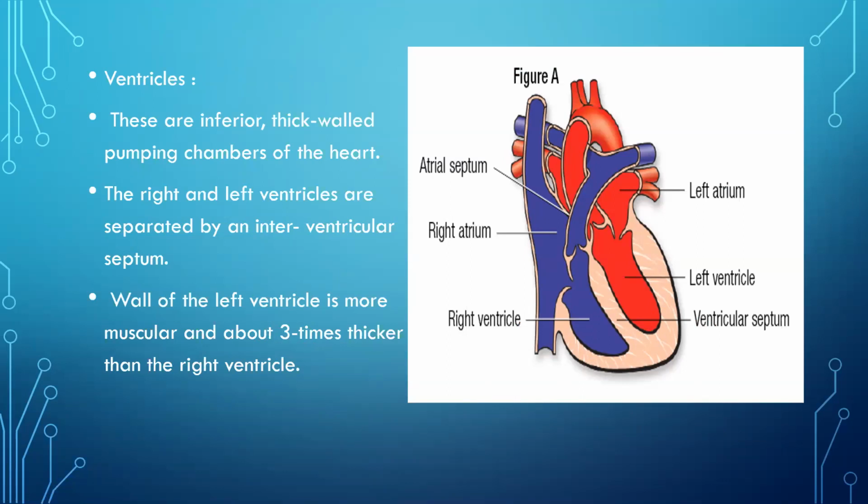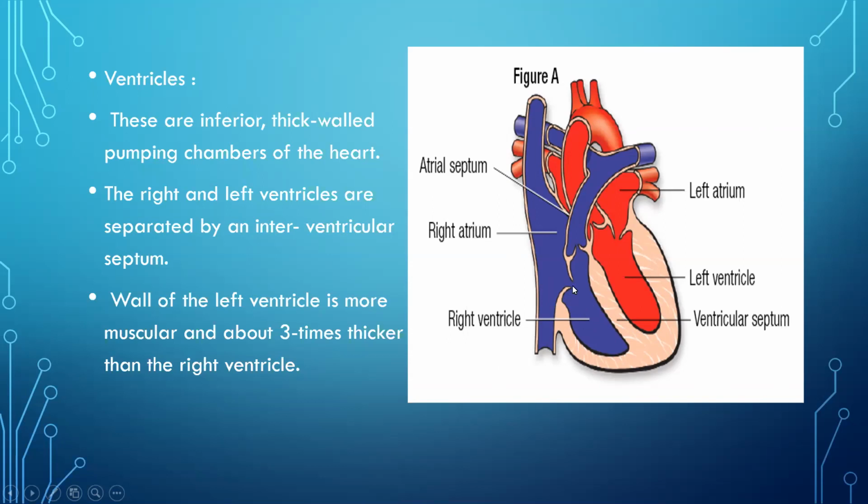Why are they called pumping chambers? Because they pump the blood. Left ventricle क्या करता है? It pumps the blood to different parts of the body. Whereas right ventricle क्या करता है? It pumps the blood to the lungs for purification. इसके हार्ट के बाजू में lungs होते हैं. With the help of the pulmonary artery, the right ventricle pumps the blood, basically deoxygenated blood.